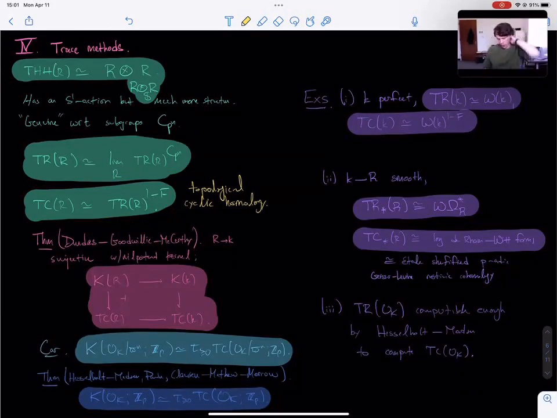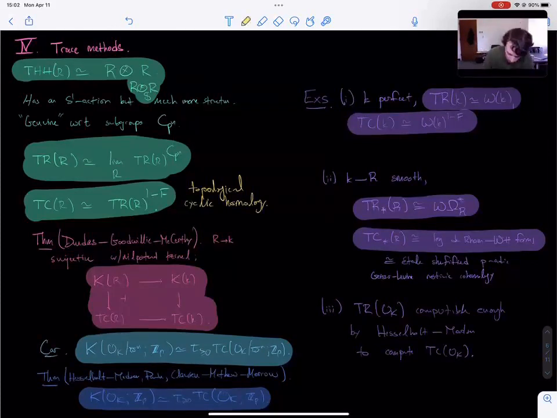But first, let me mention the main theorem, which is going to make everything that we want to do work. It says that if you have a ring R which is not too far from k, meaning that I have a map from R to k which is surjective and has a nilpotent kernel, so it's a nilpotent extension of k.